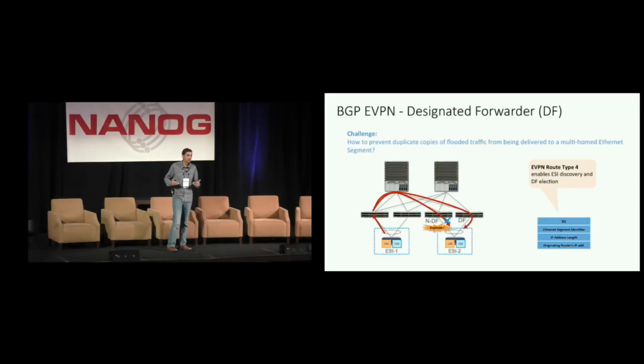And at the end of running that DF election algorithm locally, each leaf has a consistent view of which among all the leaves in the redundancy group is a designated forwarder for each service or each VLAN that is enabled on that Ethernet segment identifier. So, of course, once the DF election is set up and programmed, only the DF forwards multi-destination traffic for that VLAN or for that EVPN instance towards the host, and any non-DF would simply drop it.